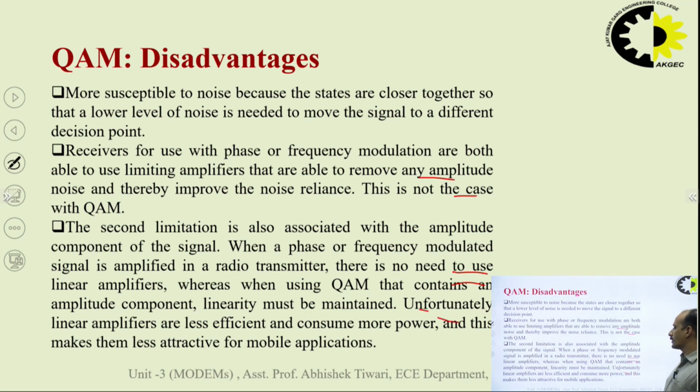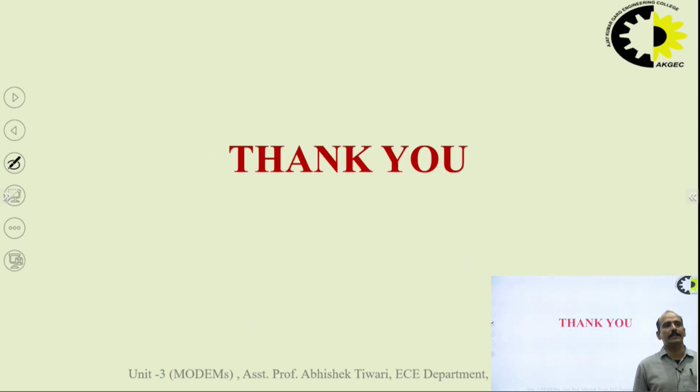Unfortunately, linear amplifiers are less efficient and consume more power, and this makes them less attractive for mobile applications. So when you are using QAM for mobile applications, you have to change this linear amplifier, because of the limitations of less efficiency and more power consumption. So these are some disadvantages of QAM.